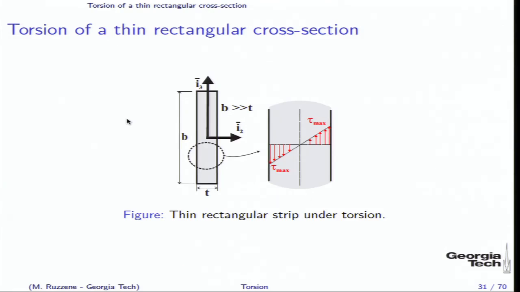So I can say that this becomes integration from minus t over 2 to t over 2, because I have the variation along the thickness in the shear stress. Remember, this is torsion, so there is variation along the thickness and it's a linear variation. And now I have x2 squared minus t squared over 4.